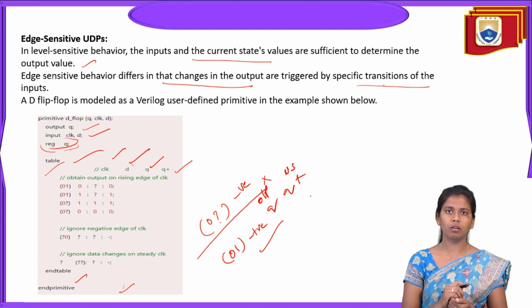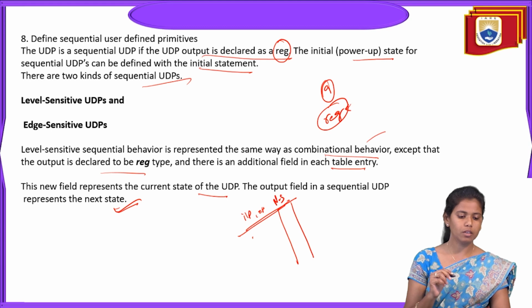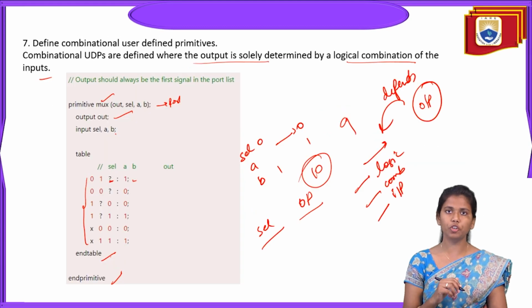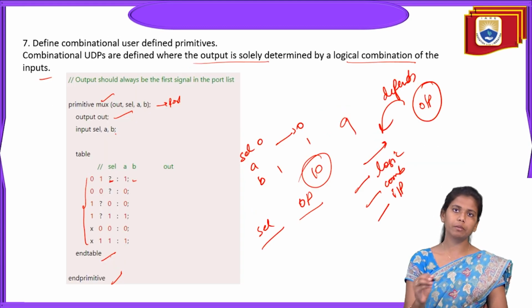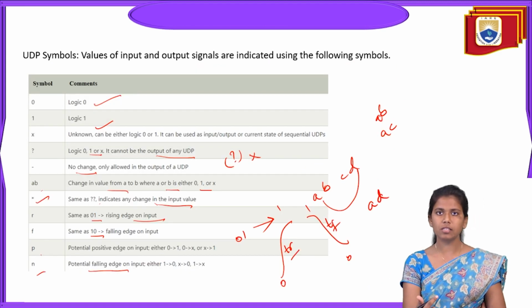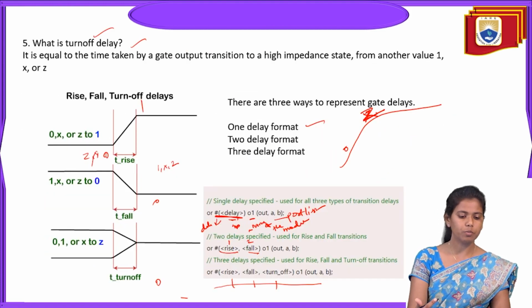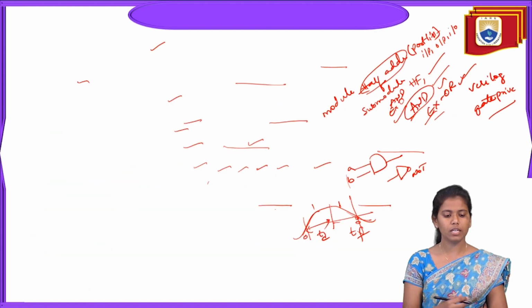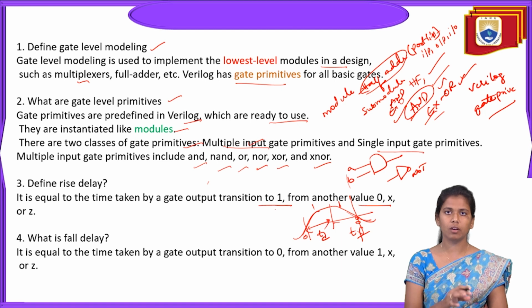This is an important point to remember when comparing level sensitive and edge sensitive. Then for combinational UDPs, the maximum number of inputs can be 10, and for sequential UDPs, 9 inputs, along with the symbols and the comments. That's it. I hope you all understood the definitions well in this module 2.